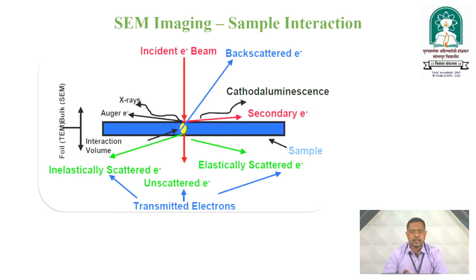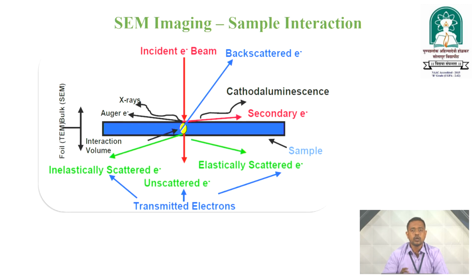The elastically scattered electrons do not lose any energy, and the inelastically scattered electrons lose some amount of energy during the interaction, because of which a larger deviation occurs.